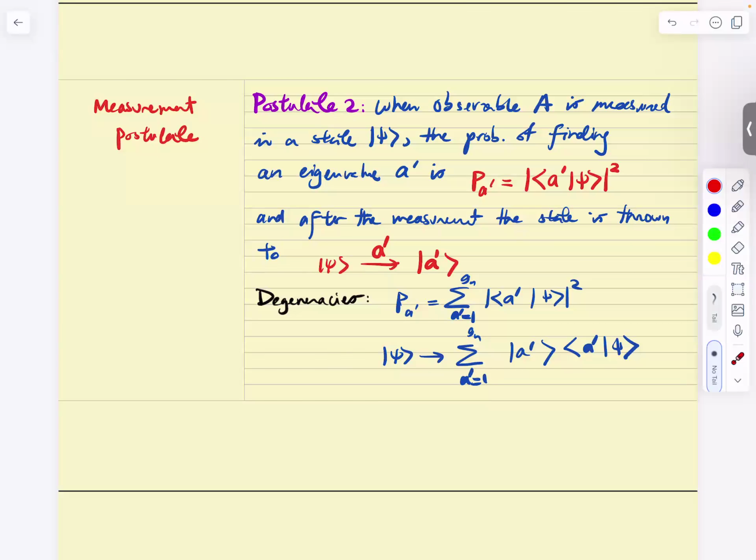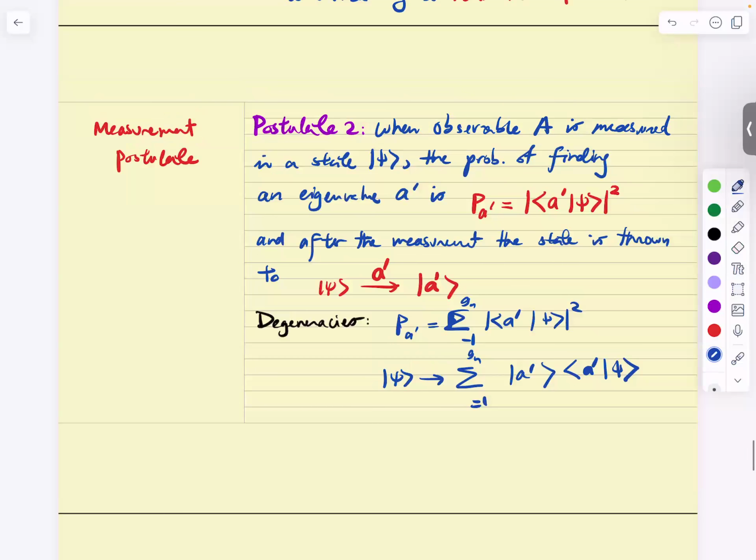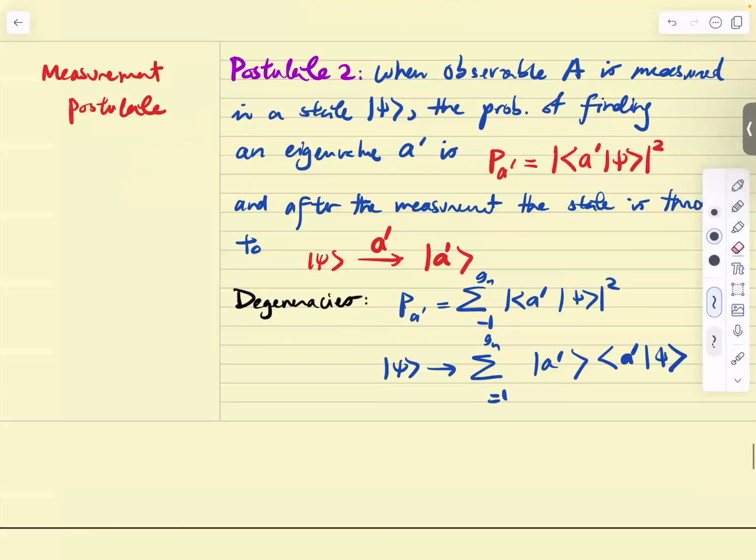And then if there are degeneracies, I try to oversimplify it. When there are degeneracies, we cannot use the notation of A prime anymore.